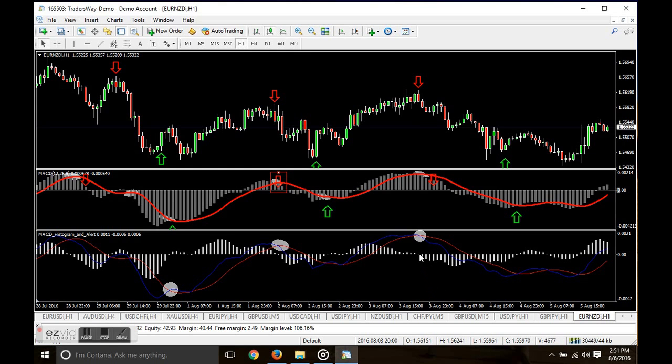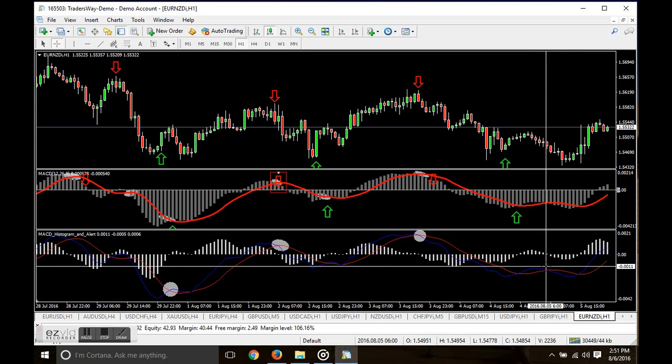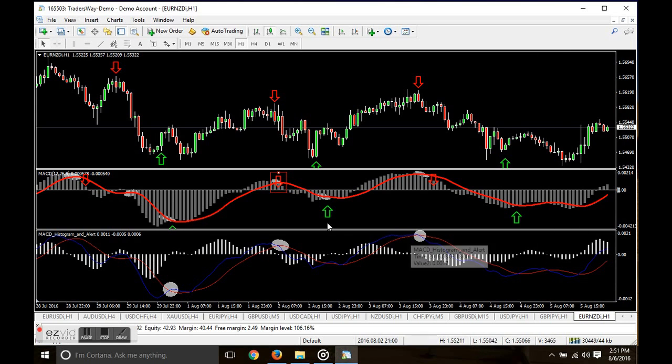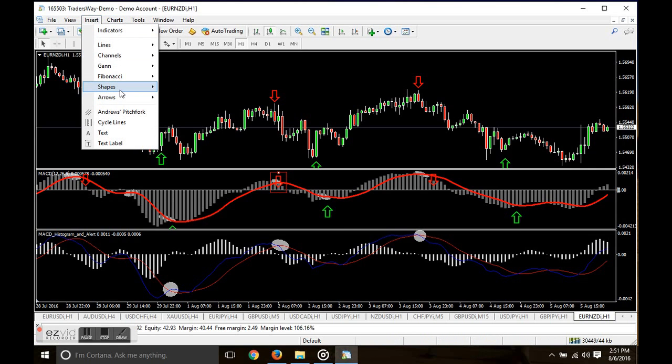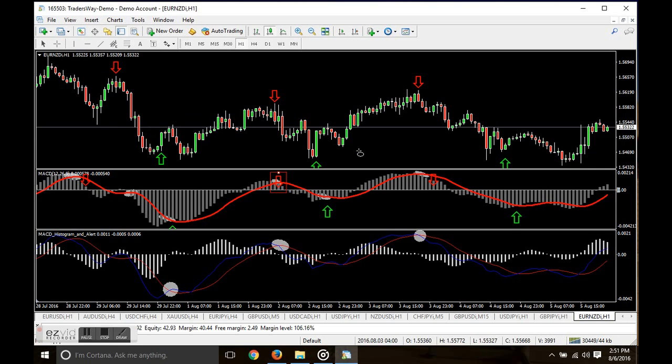Go ahead and mark this area. As you can see, it works the exact same way. It's just a little bit different. I'm going to go ahead and finish up by marking up some areas over here. Crossed up through there. Histogram crossed over the 0 line.